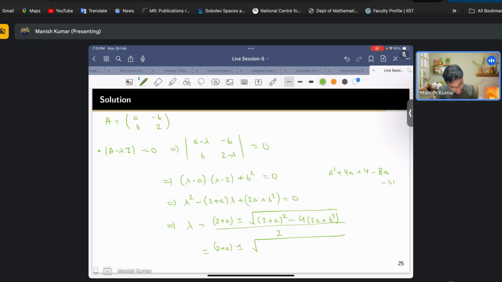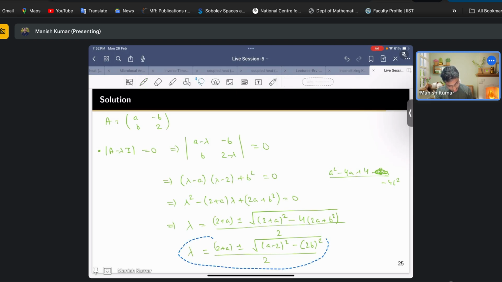Now if you combine it, here you will get minus 4a, correct? So that means this is a minus 2 whole square minus 4b square. So 4b square, I am writing it as 2b square. And then upon 2. So this is the expression of eigenvalues we have.